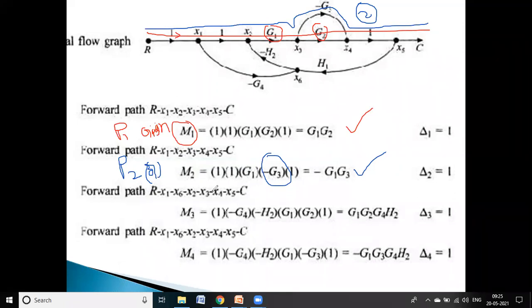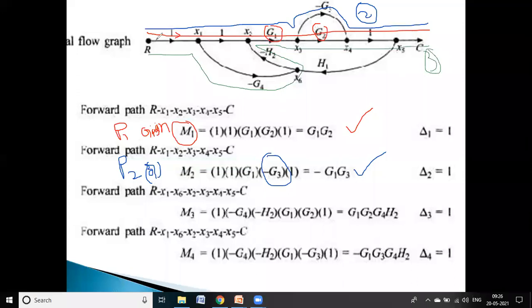The next, third path. Can anybody identify the third path? What is the third path? So the third path is in this direction. From here to here the signal flows and it takes minus H2, and again minus H2, minus G4, minus H2, and finally reaches the output. This is the third path.